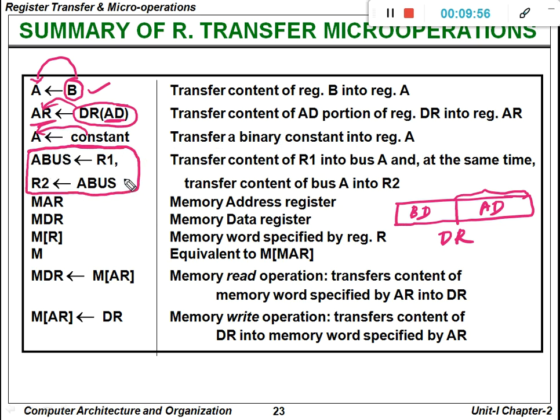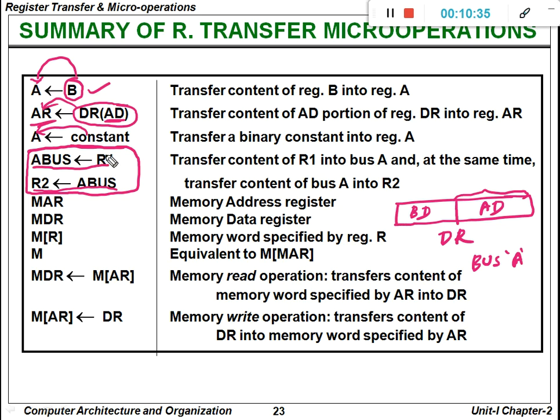We are separating the two operations to be performed simultaneously with a comma. Whenever you are going to perform more than one micro operation, those micro operations need to be separated by comma. So what are the two micro operations here? A bus assignment R1, R2 assignment A bus. Here A bus represents the bus named A. So these two operations will be performed at the same time.